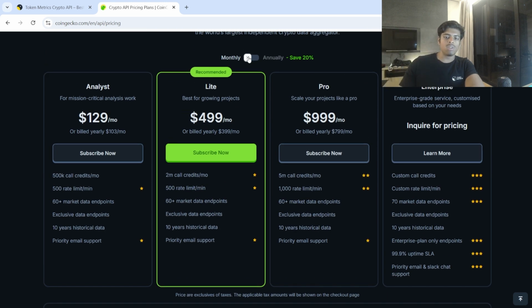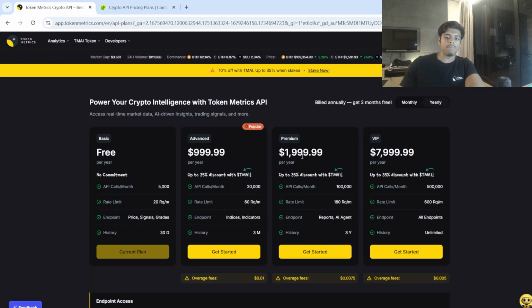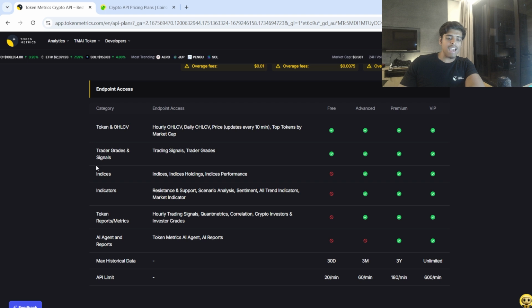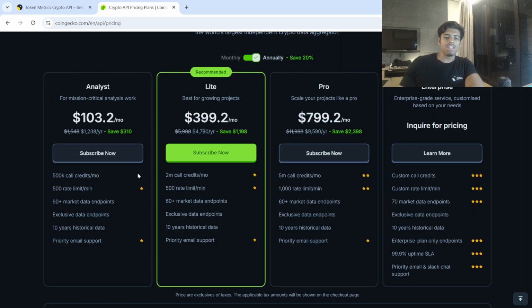Even when you go with the annual plan, you save 20%, but it's still slightly more expensive than Token Metrics if you pay with the TMAI token, where you also get 2 months for free. So it comes across cheaper, but you also get fewer API calls. So for pricing, the clear comparison here is if you just need that raw market data and you're okay with not needing any of these extra API calls and endpoint accesses, then CoinGecko would be the better option, even though it's slightly more expensive.